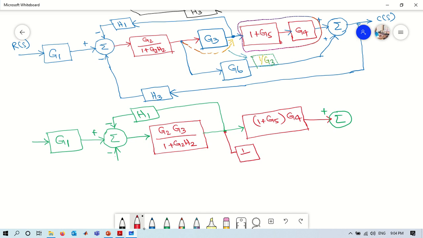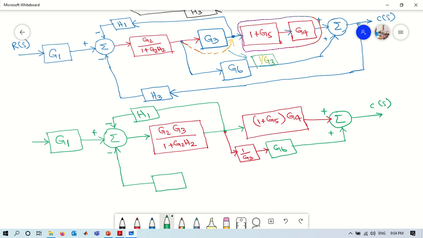I need to add 1 divided by G3, cascaded with G6, C of S, and H3 here.